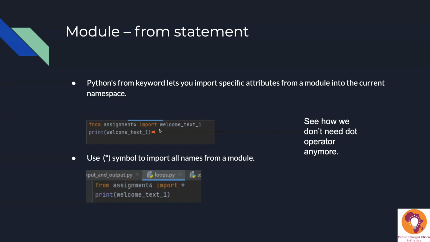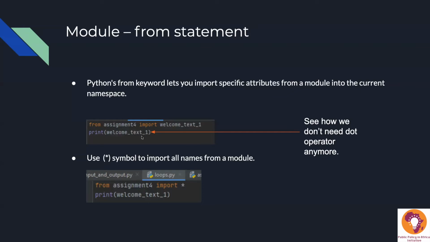Basically what this is doing is it's creating a variable welcome text 1 inside of this environment up here, using what we grabbed from the other module up here. So this is a really useful means to avoid having to always do package name dot or module name dot, and then whatever you're trying to reference there. So you'll often see from whatever import whatever.